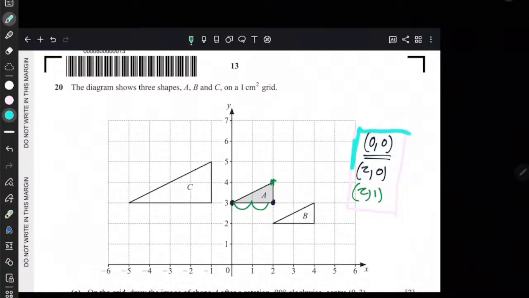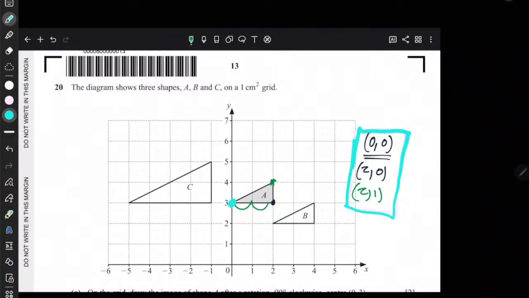These 3 points are measured from the center of rotation. So ignore this center. This center right now, when we are doing rotation, is useless. The center we care about is the center of rotation, which is here. We measure everything from there.